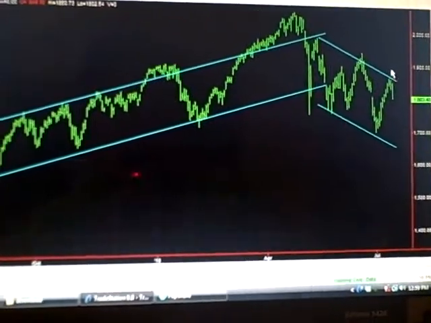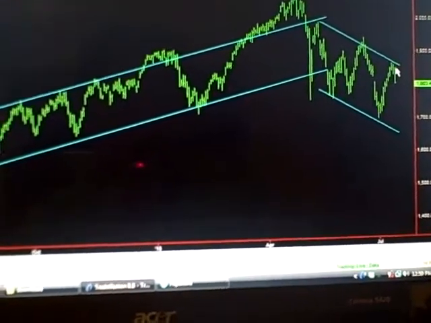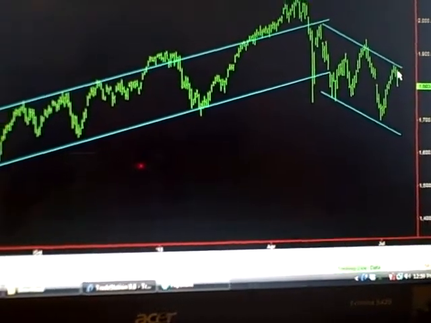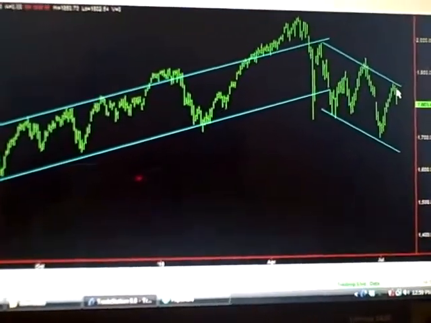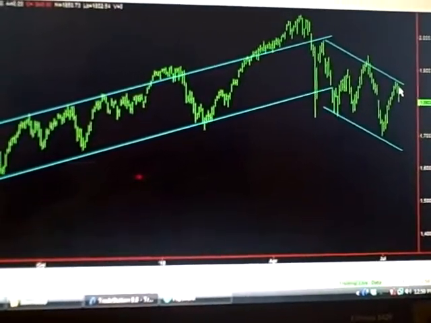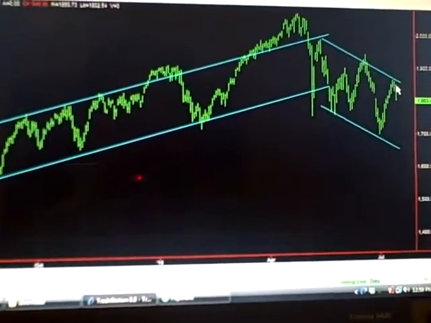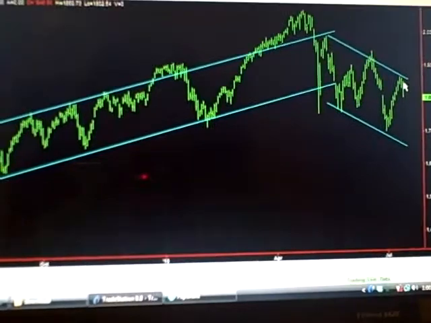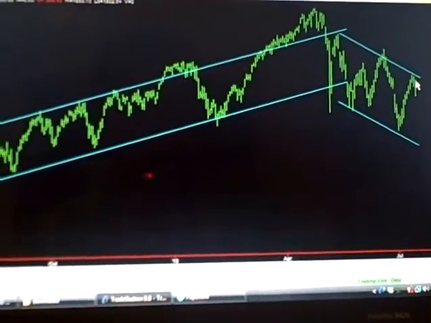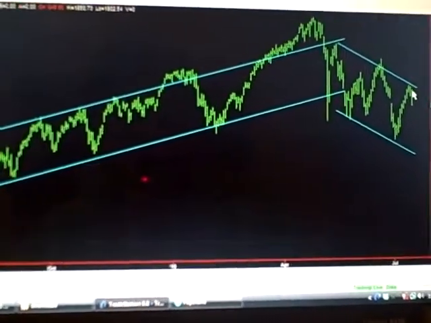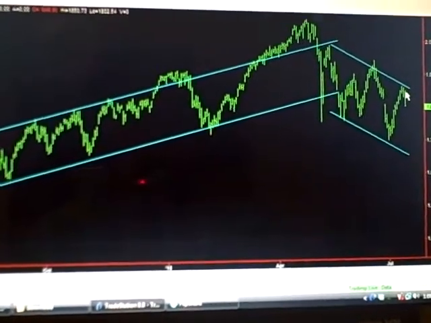I opened a Nasdaq 100 credit spread on Friday in the morning, right about here, and it was a spread that was going to net me about 8% if it expired worthless in the middle of August. It's already gained about half of its potential value. So I'm up about 4% on that in just one day, and hopefully I'll close that out early next week for a gain of 5-6% in a couple days, which would be nice.